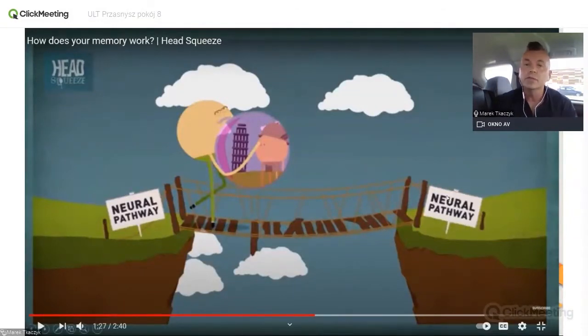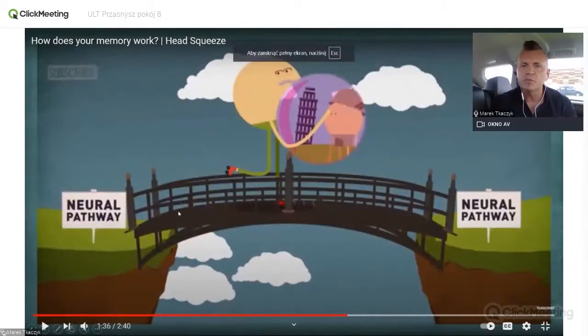Why? Because it's got to be retrieved many times. So instead of transmitting the language to students, which we are used to, we retrieve it more often than we transmit. So after some time, you see this bridge gets very strong, and the memory is now wearing rollerblades.